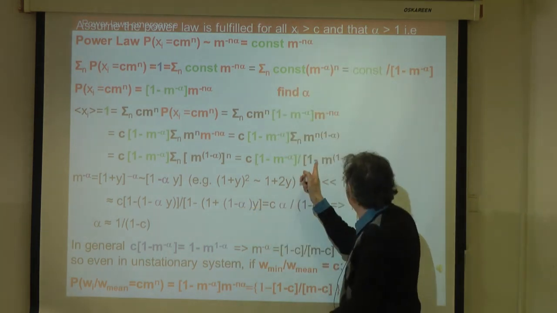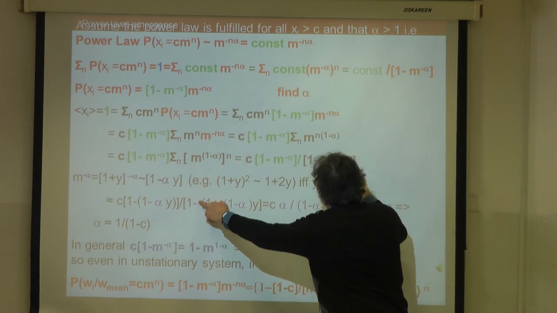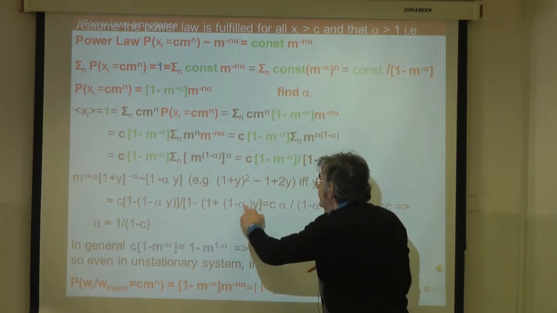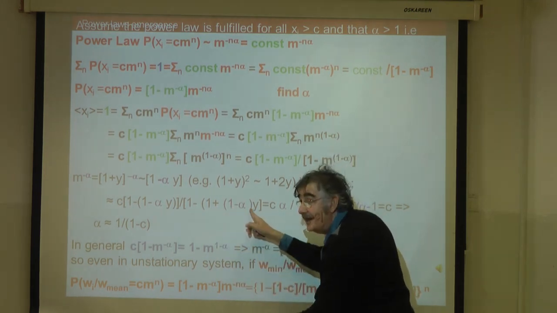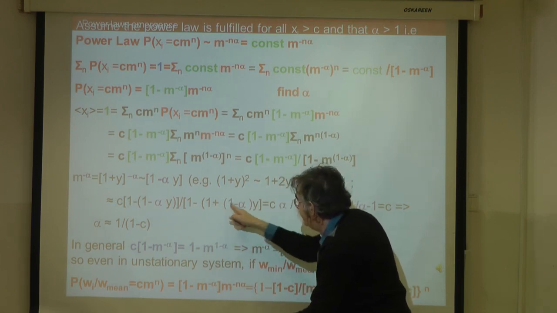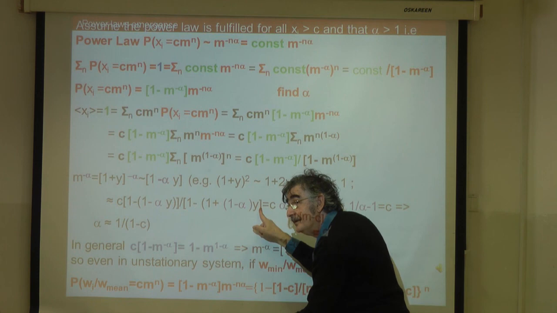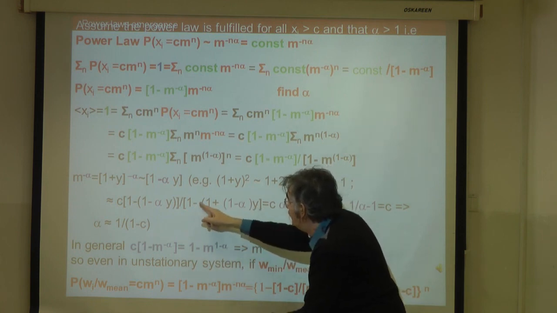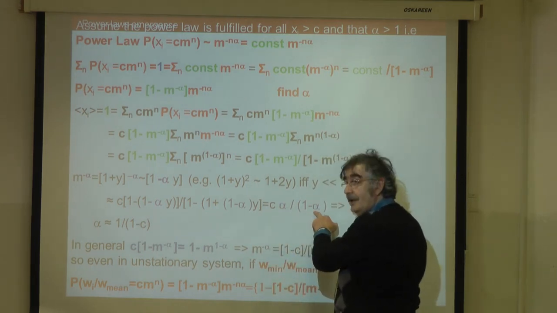And now when I divide by 1 minus alpha, in place of m to the 1 minus alpha, I put 1 plus y times 1 minus alpha. 1 minus alpha is my n. And therefore, in place of 1 plus y to the power 1 minus alpha, I just write 1 plus 1 minus alpha y. Okay? Now look what happens. 1 with 1 goes, 1 with 1 goes, and I have here C times alpha over 1 minus alpha.